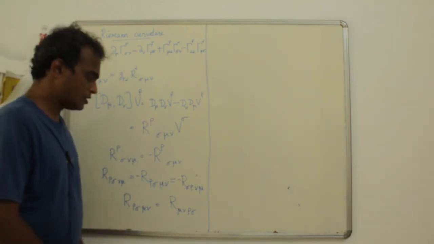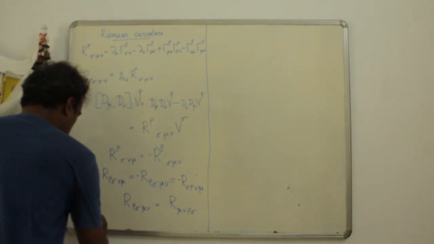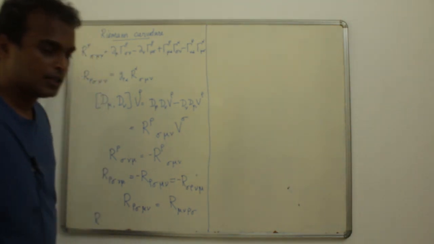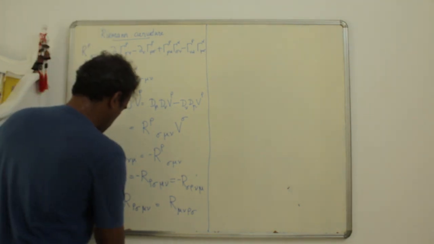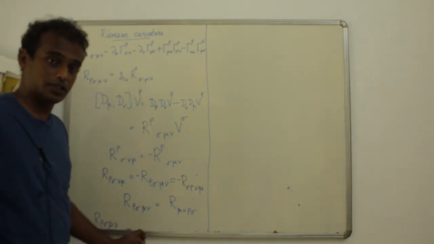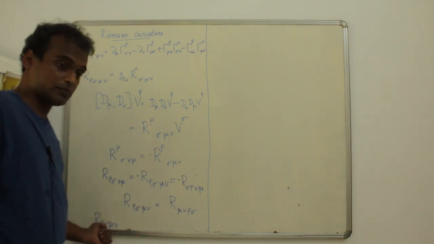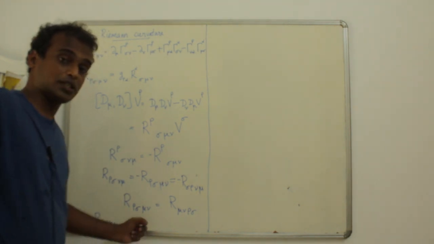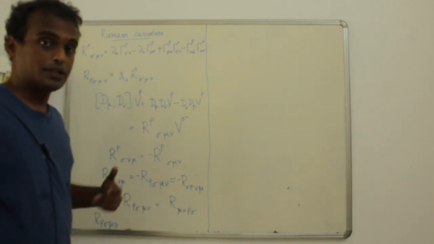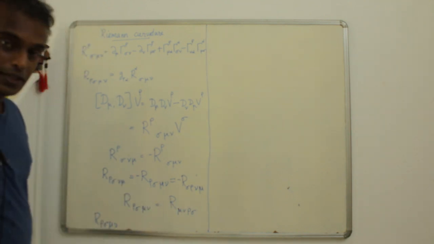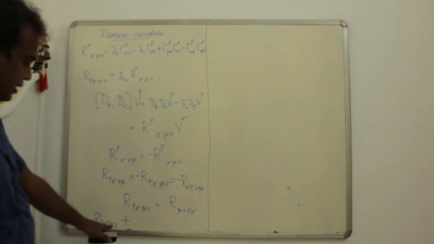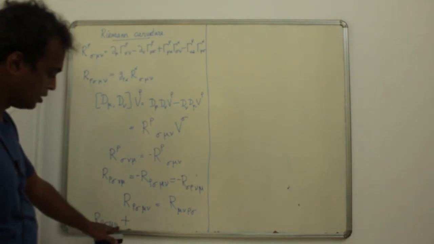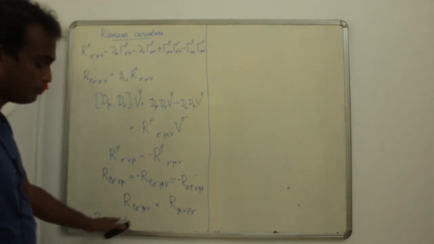The last symmetry property is the following: if we add three Riemann tensor components, all of which are obtained from each other by cyclic permutation of the last three indices alone, then you must get 0. To write it down, if I start with R rho sigma mu nu, I could do a cyclic permutation of the last three indices to bring nu to the second position, sigma to the third position, and mu to the last position.